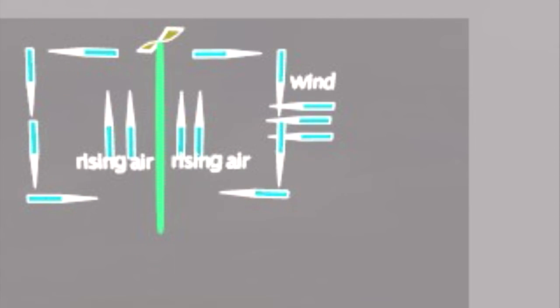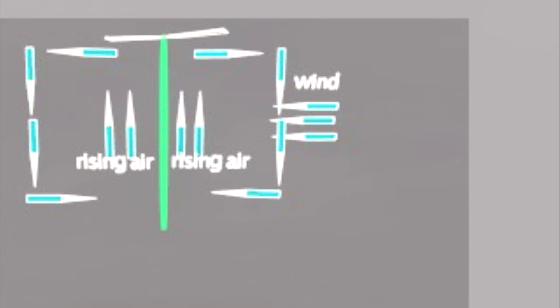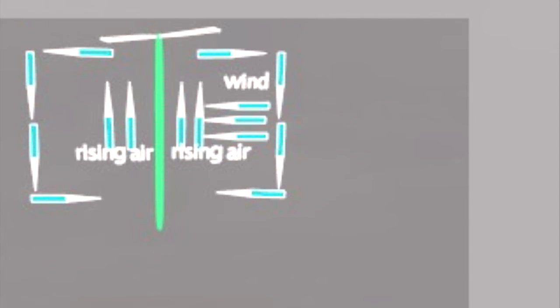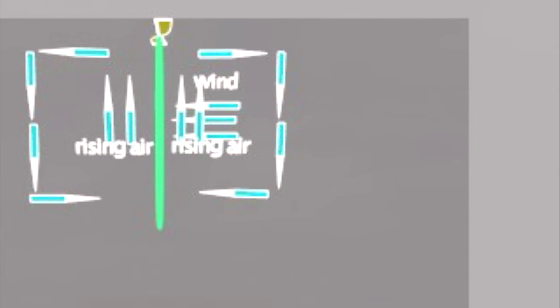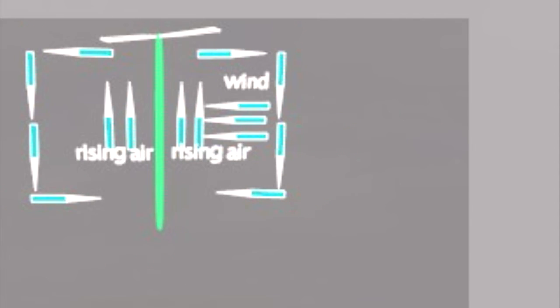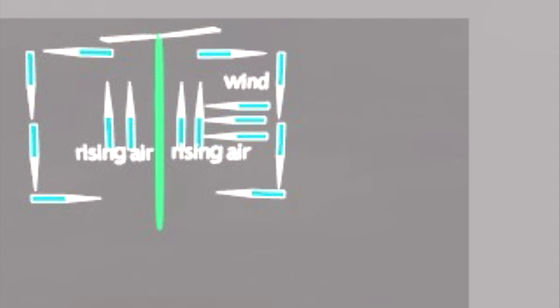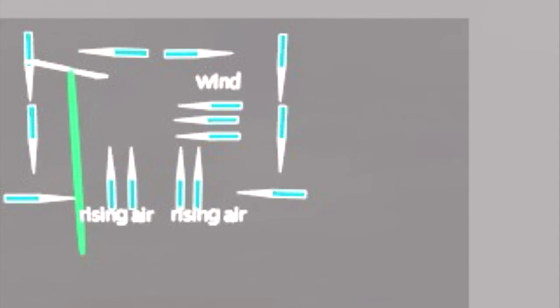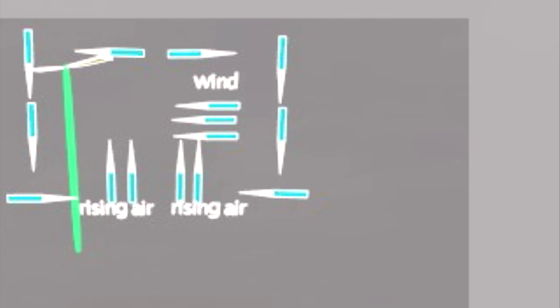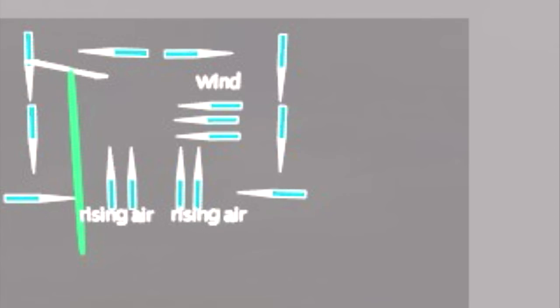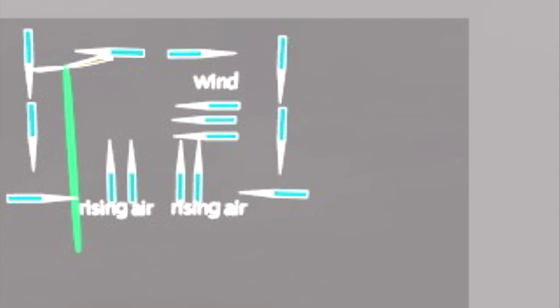Now let's see another animation. From this animation we can see how it flies up, but here we also involve the wind, which is the movement of the air. The wind in this animation is from the right to the left.